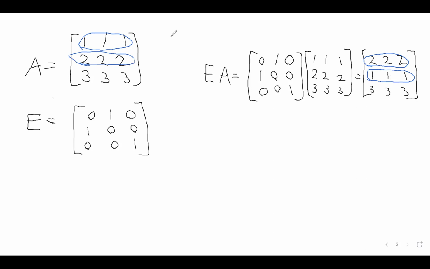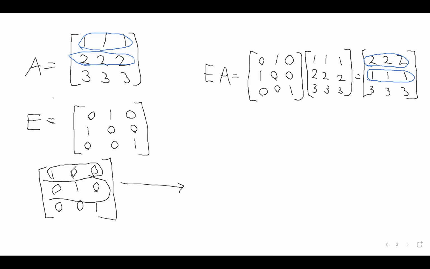So E, the elementary matrix E, is the matrix you get from the original 3x3 identity matrix when you switch the first and second row.